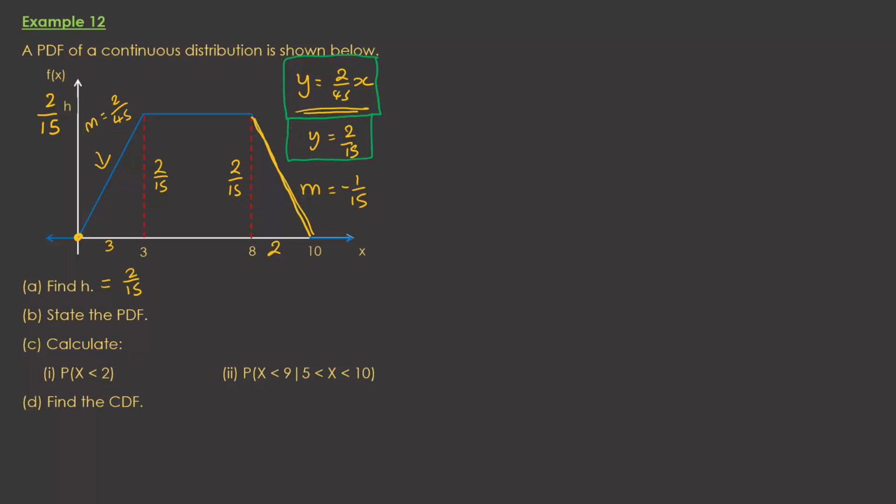So we have that y is negative 1/15 x plus a constant, but we can see it goes through 10, 0.